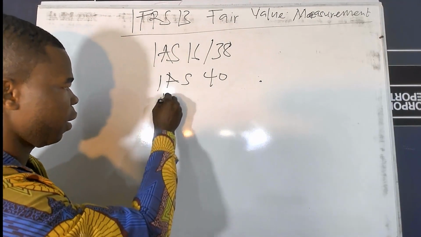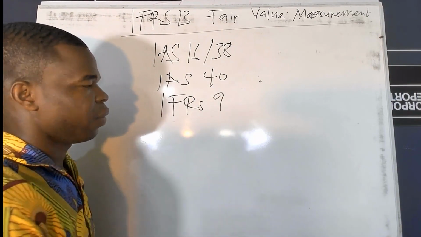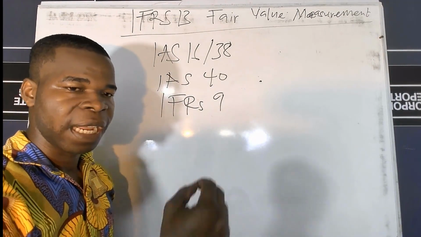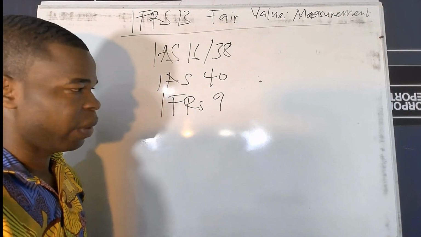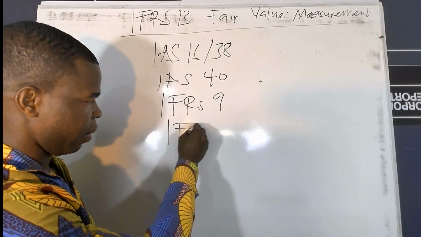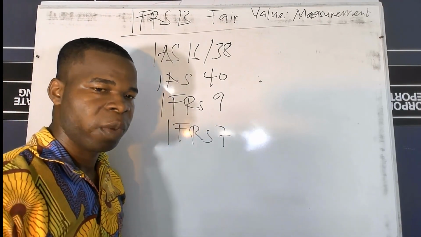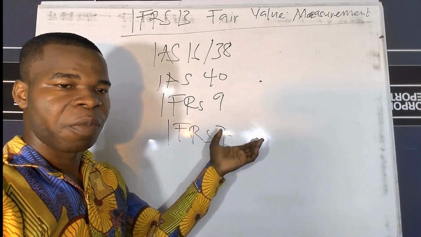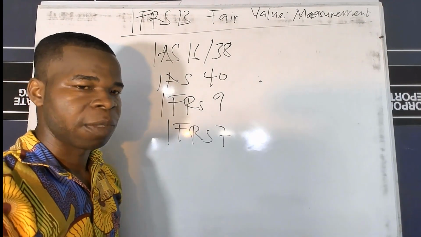If we take IFRS 9, all financial instruments are required to be initially measured at what? Fair value. So again, we can see fair value measurement here. If you take IFRS 7, it requires that anytime we cannot use fair value measurement, then the amount that will be presented in the financial statements must be disclosed.